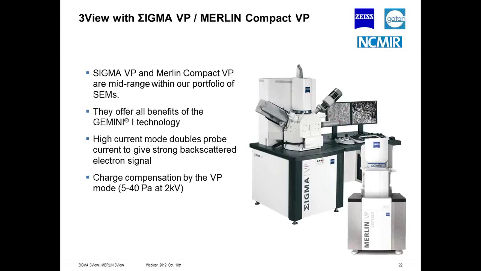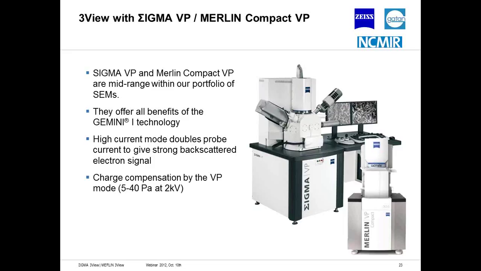We have several systems which support the 3View operation. There's the Sigma VP and the Merlin Compact VP. These are mid-range systems in our portfolio, and they offer the GEMINI 1 technology. And they also have a special feature, that is the high current mode. That simply doubles the probe current without losing too much resolution.